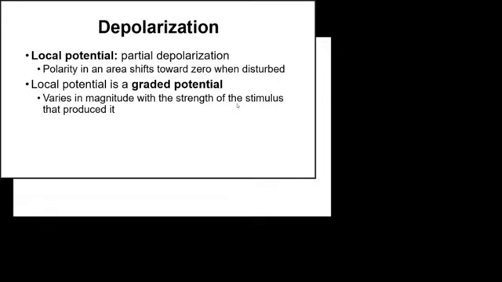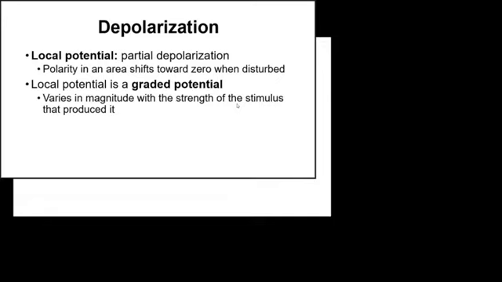So these local potentials are graded potentials. Unlike our action potentials, which are all or none, once they fire, they always fire at the same amplitude and they look exactly the same, these local potentials are graded, meaning that they'll vary in magnitude based on what's stimulating them.